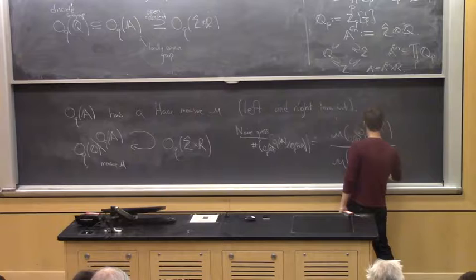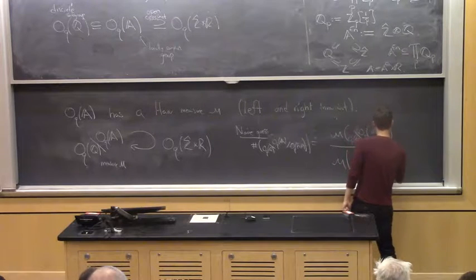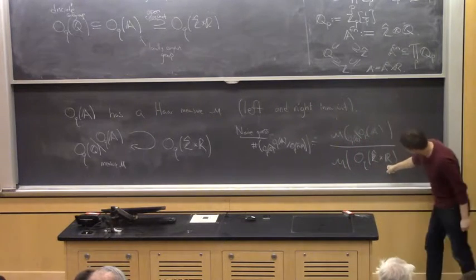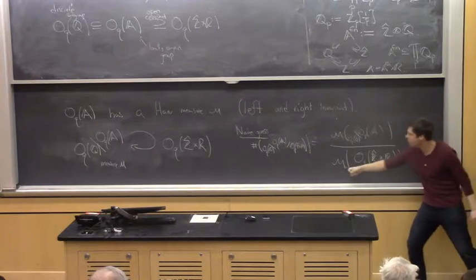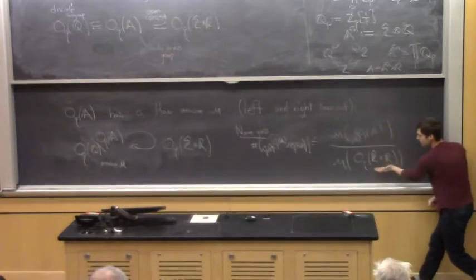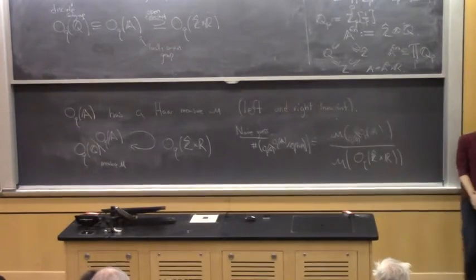This is a sensible thing to write down because this subgroup is actually compact and open. So when you restrict mu to this subgroup, you get something of finite measure.